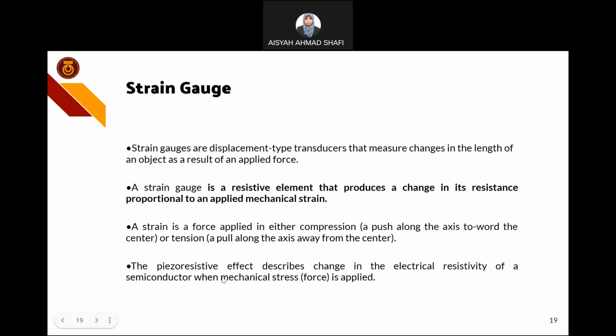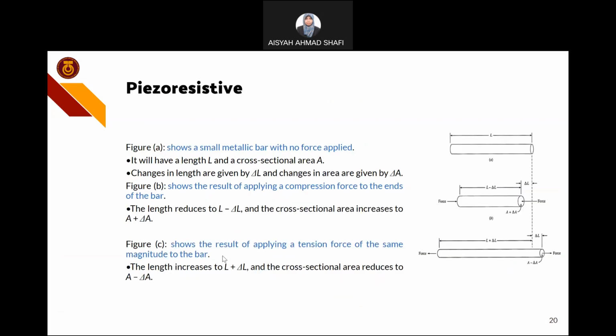The piezoresistive effect describes change in the electrical resistivity of the semiconductor when mechanical stress is applied. So the changes of resistance when we apply displacement change is called the piezoresistive effect. Okay, so this is the detail of what is piezoresistive.